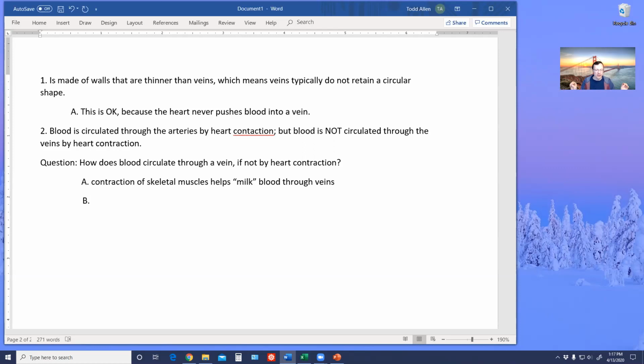So whatever blood is moving through the veins experiences less resistance because of the large lumen. Large lumens reduce the friction, allowing blood to flow easier through the veins.